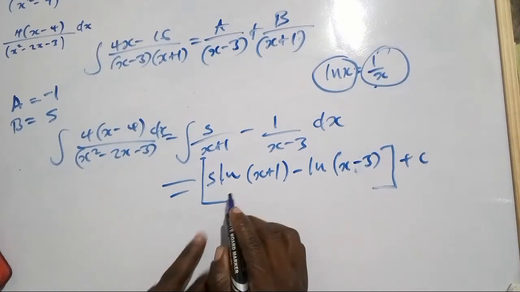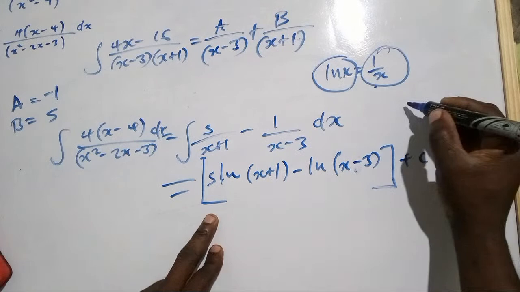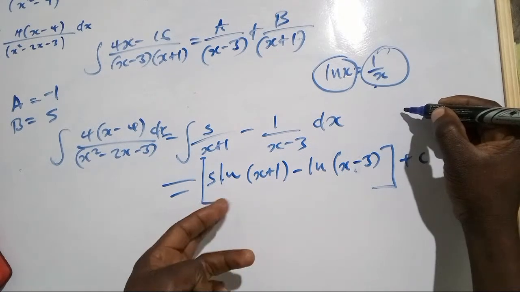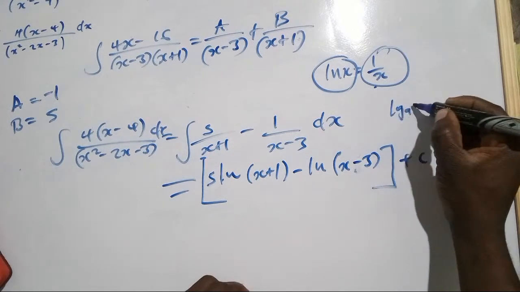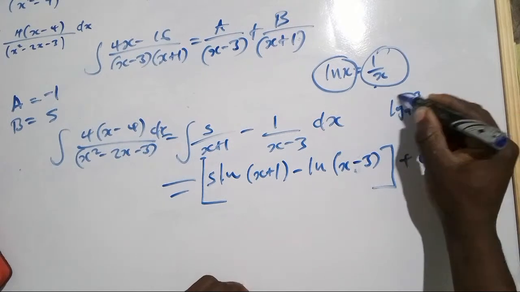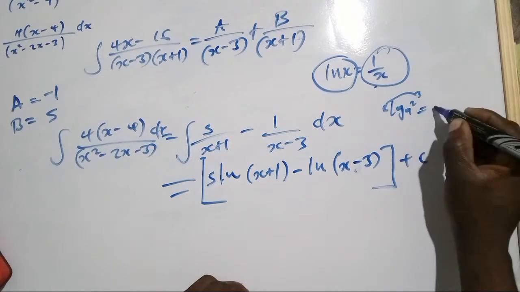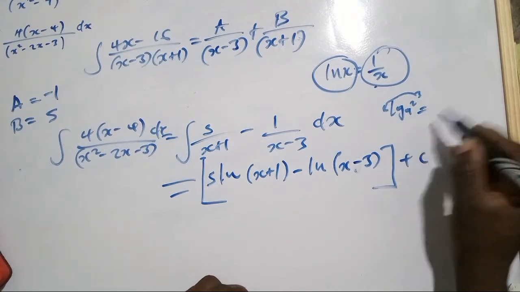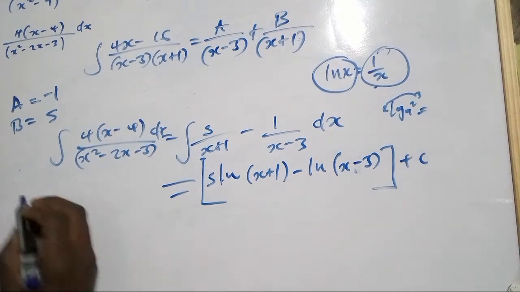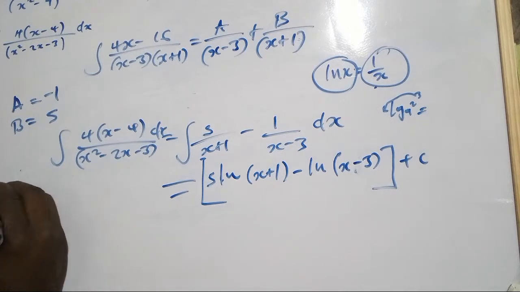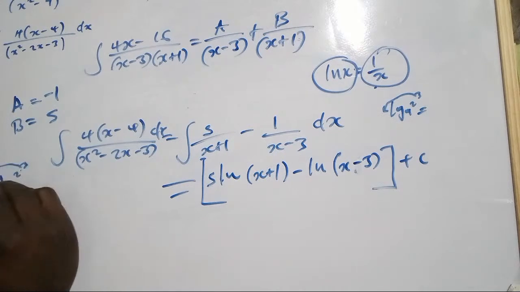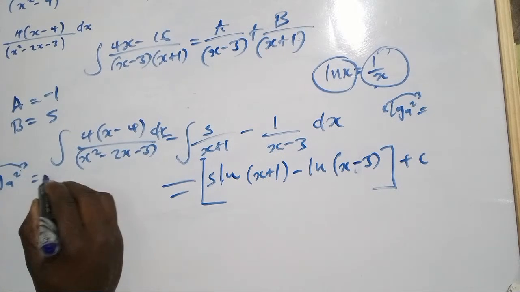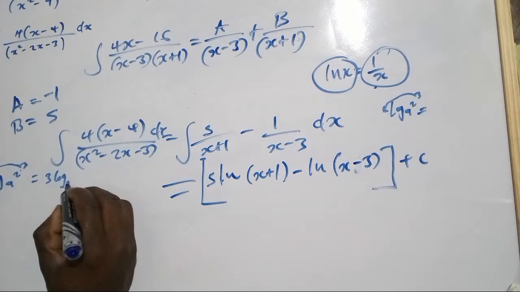Then here, if you can see, there's a law of logarithm. We can say log a to the power 2 power 3, this power will drop. It will be equal to 3 log a power 2.